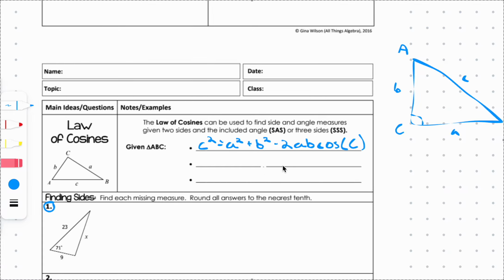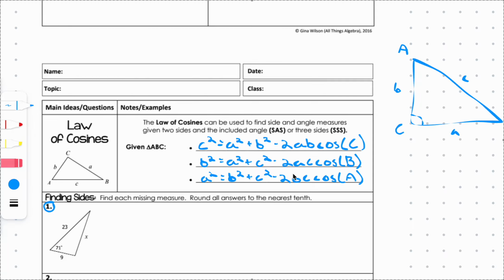And so anyways, this is our law of cosines equation. But we can do that for any side. So we can have b squared equals a squared plus c squared minus 2ac cosine of angle b. We can have the same for a squared. A squared equals b squared plus c squared minus 2bc cosine of a.